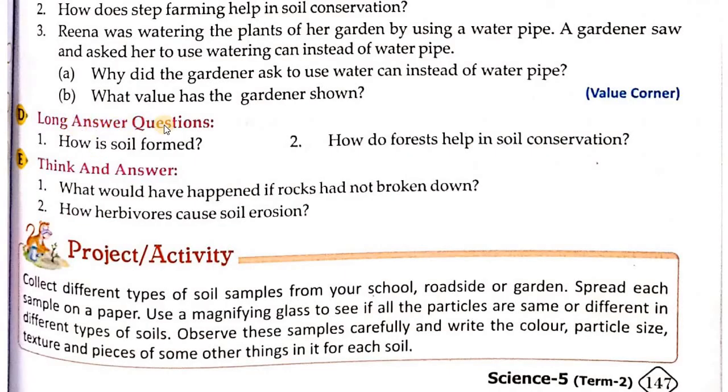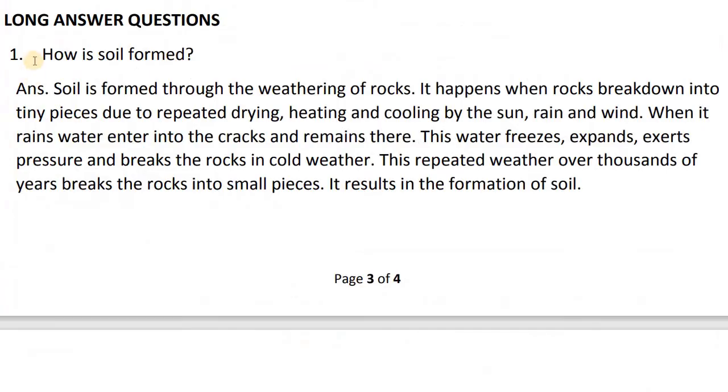Now we have 2 questions in the long answer questions. Question 1. How is soil formed? Soil is formed through the weathering of rocks. It happens when rocks break down into tiny pieces due to repeated drying, heating, and cooling by the sun, rain, and wind.